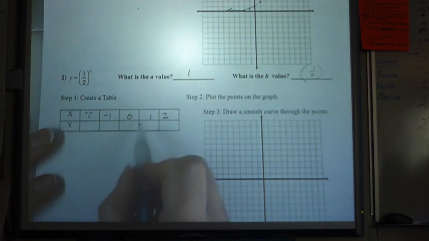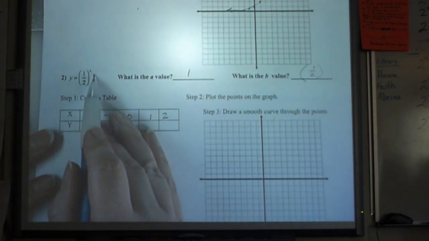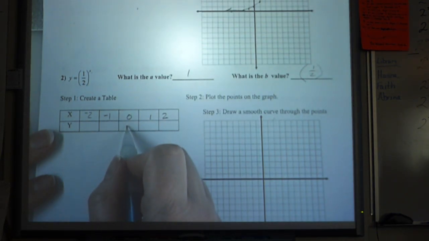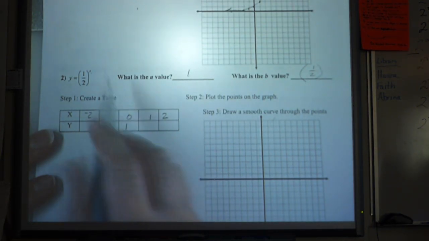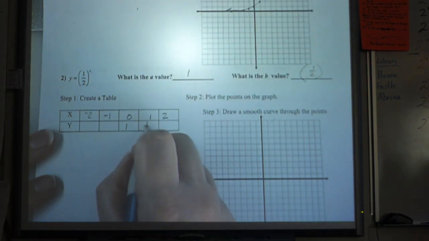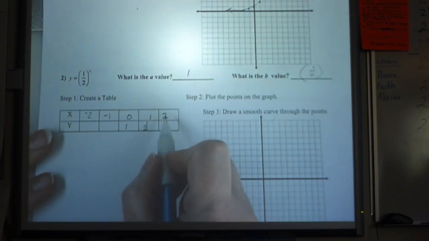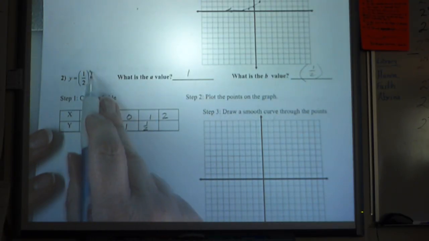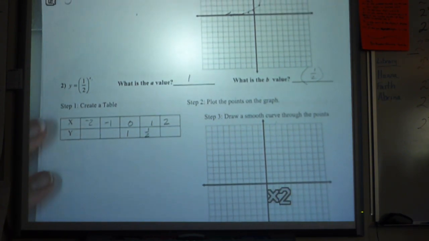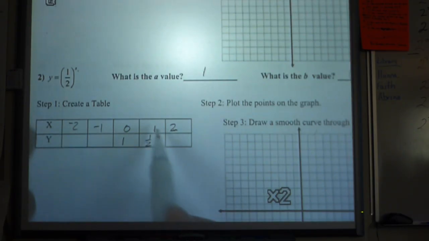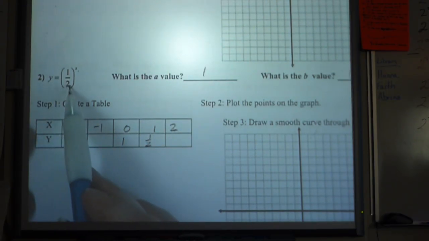If x is 0, I have 1/2 to the 0 power, which equals 1. Good. If x is 1, I have 1/2 to the 1 power, which equals 1/2. If x is 2, I have y equals 1/2 to the second power, which means 1/2 times 1/2, right, boys and girls?